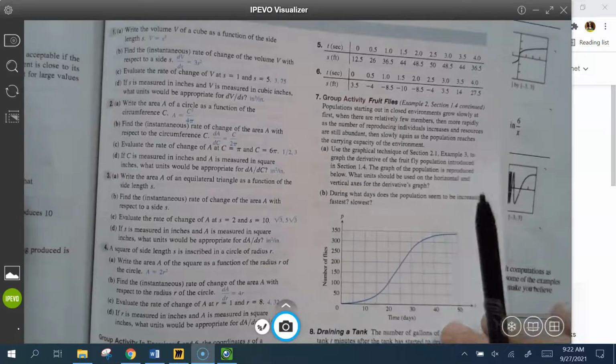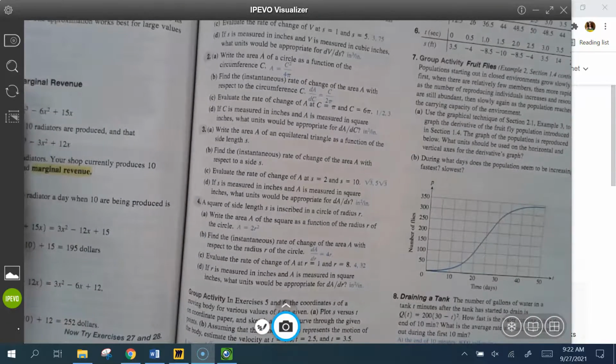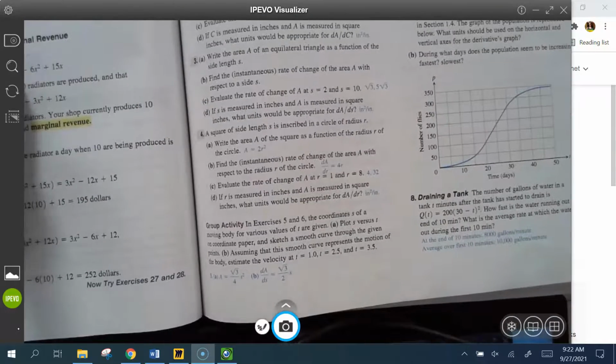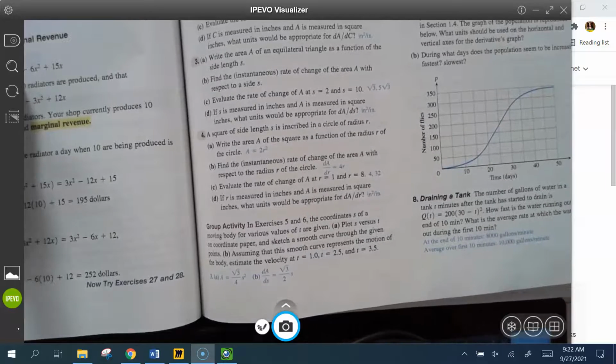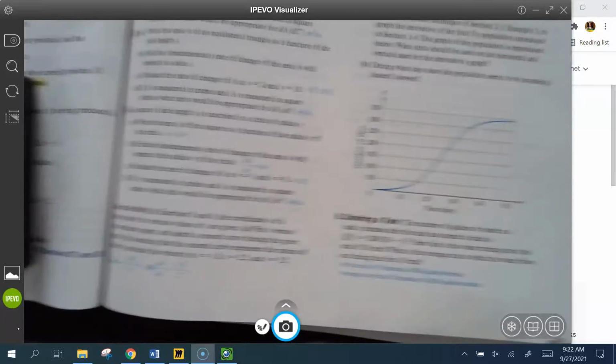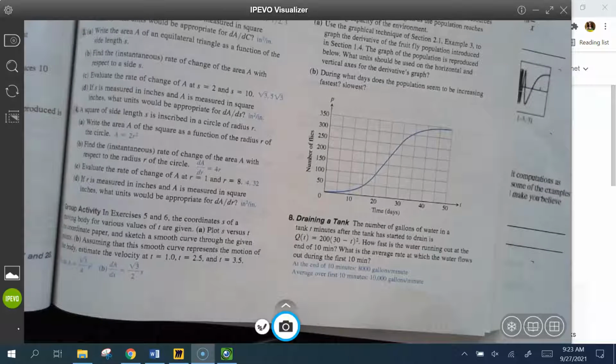The directions are below it. Number 8 is good. That's a draining a tank type problem that shows up more often than not. We had one a couple years ago that was an FRQ, draining a cylinder tank or a conical one.